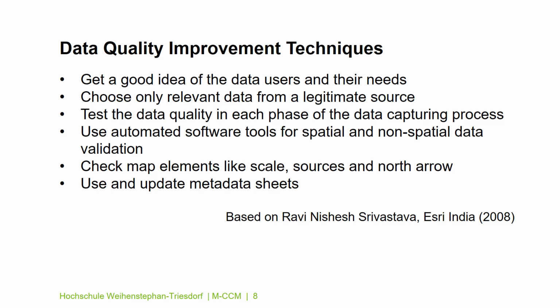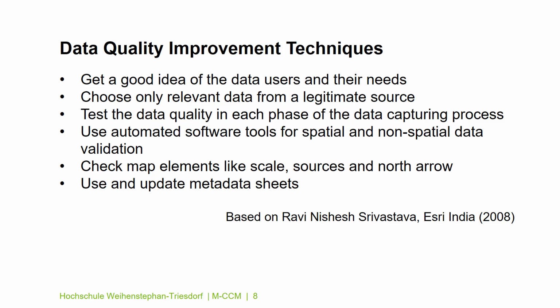Afterwards, check your map elements. Does it have a scale, the right scale? Please always say what sources you used, and is the map oriented towards north or is it oriented somehow differently? And track your data origins, the changes you apply to the data, etc. Track that in metadata sheets.